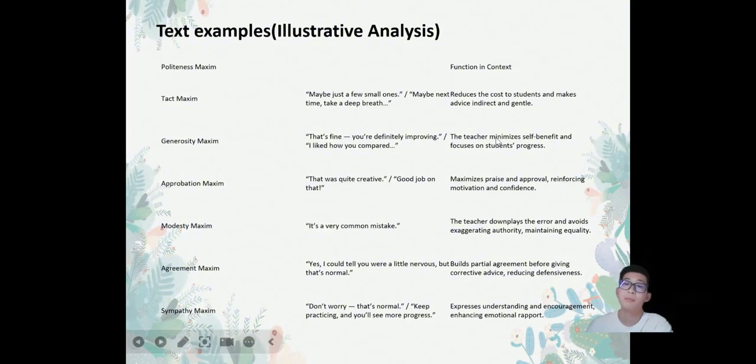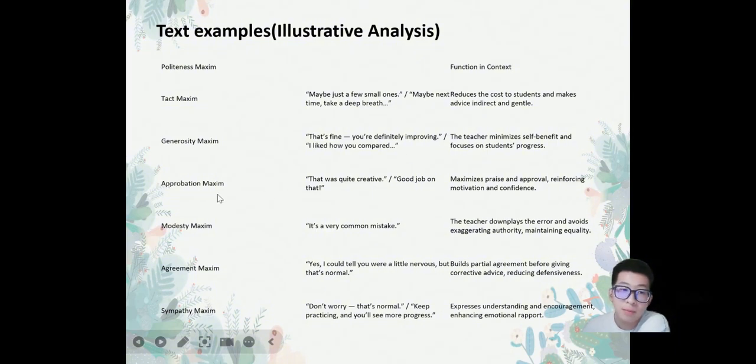So the teacher minimizes self-benefit and focuses on students' progress and improvements, and tries to use an indirect way to help students correct their mistakes.